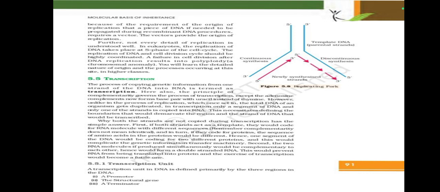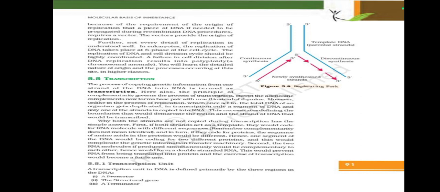5.5 Transcription. The process of copying genetic information from one strand of the DNA into RNA is termed as transcription. Here also the principle of complementarity governs the process of transcription, except that adenosine now forms a base pair with uracil instead of thymine.